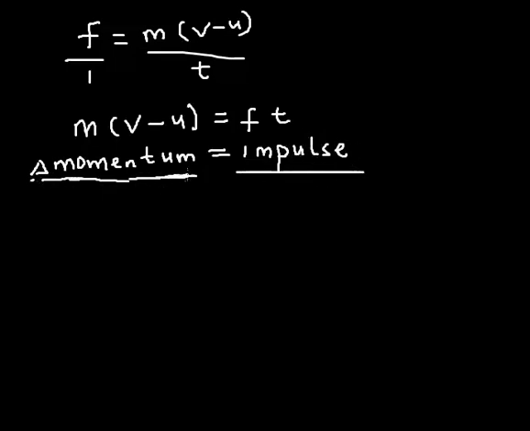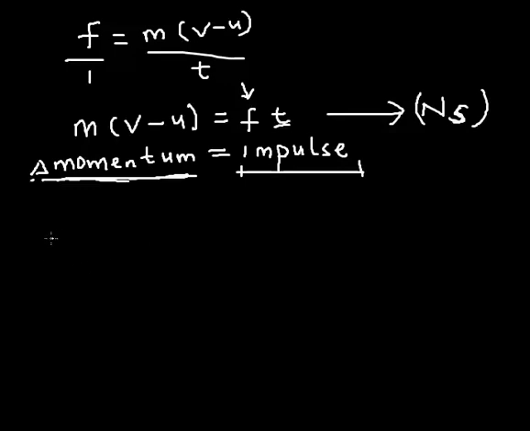So invariably, if you are asked to evaluate change in momentum, you are also evaluating impulse. What's the SI unit of change in momentum or impulse? The SI unit of impulse is Newton seconds, because the SI unit of force is Newton and the SI unit of time is seconds. Please take note of that.